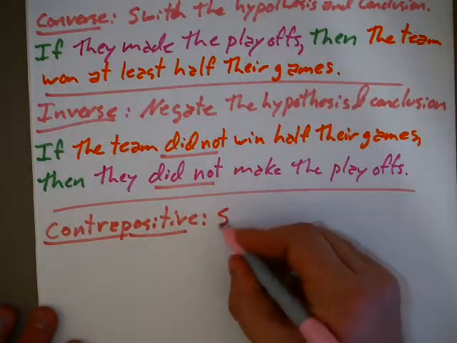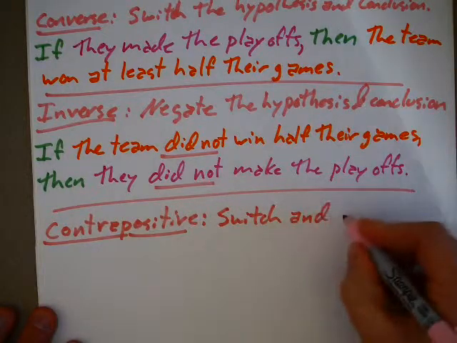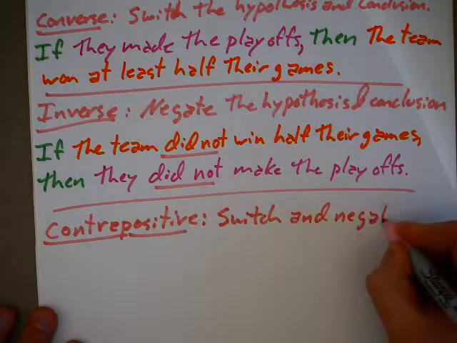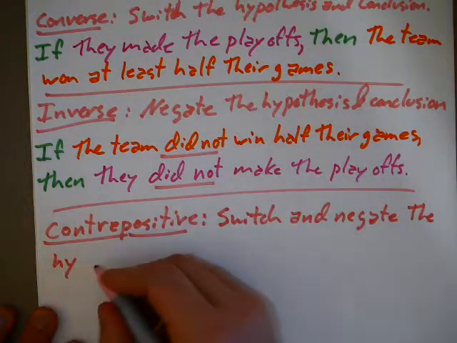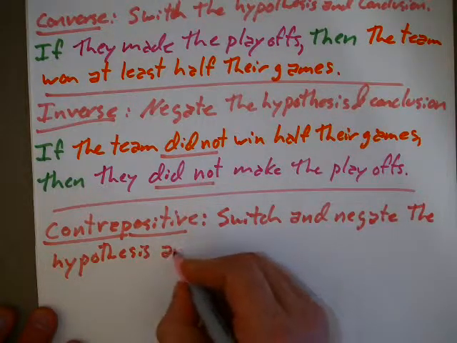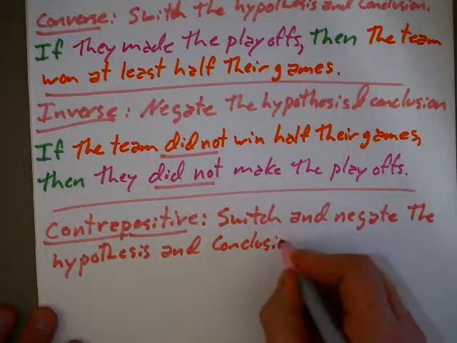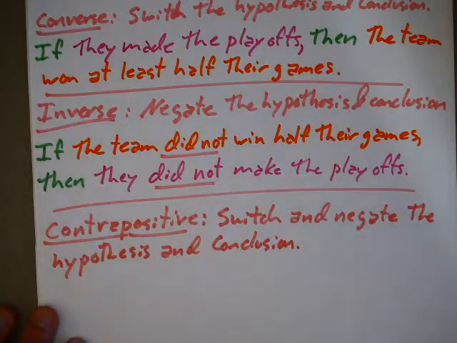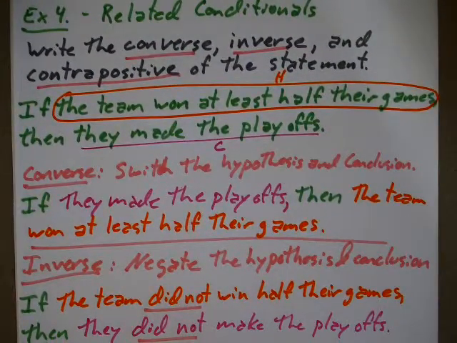We're going to switch and negate the hypothesis and the conclusion. So to take a look at our original statement, it says if the team won at least half their games, then they made the playoffs.